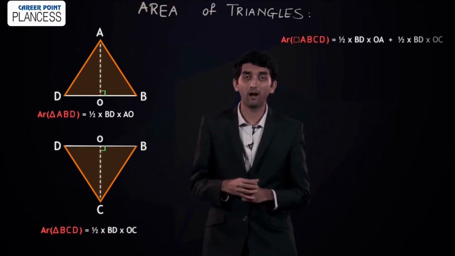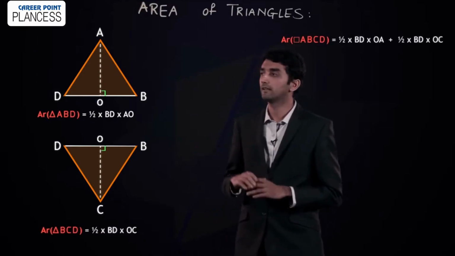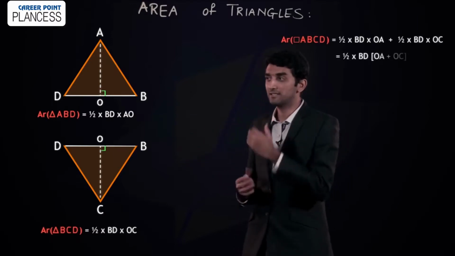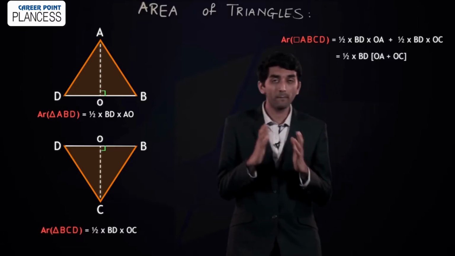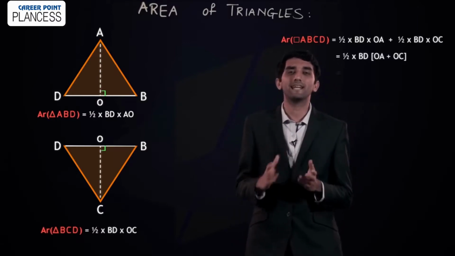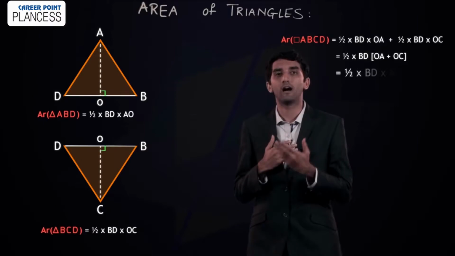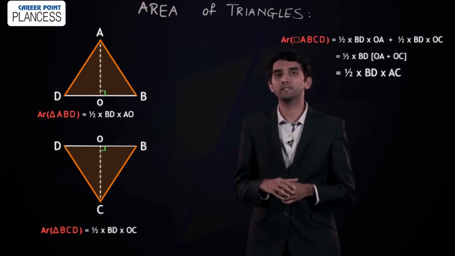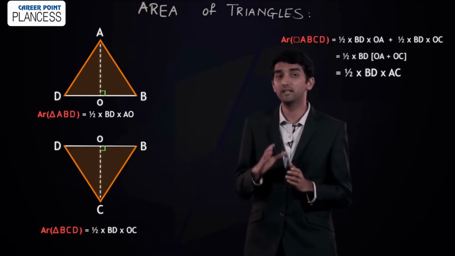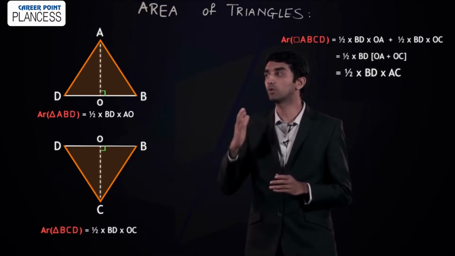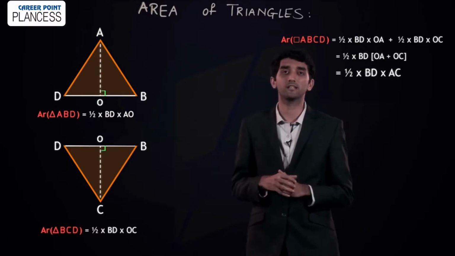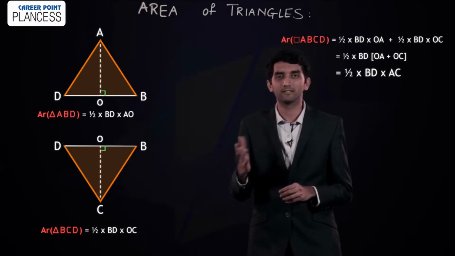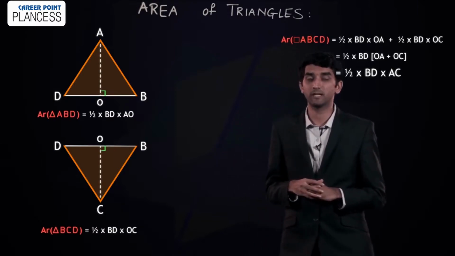Now we can take half into BD common out, then what remains in the brackets is OA plus OC, and as you can see from the diagram, OA plus OC is nothing but AC, the length of the other diagonal. So the bottom line, the area of a rhombus is half into BD into AC, which in a general form is half into the product of its diagonals, and that is what we had learned in the previous chapter as well.